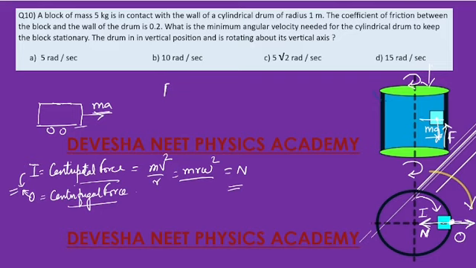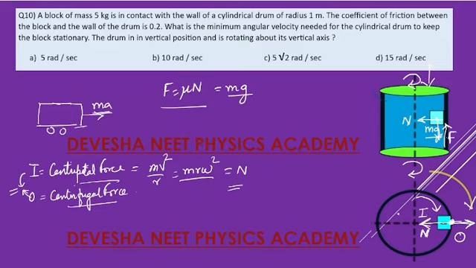We know that F is equal to mu N, and this has to be equal to mg, so that the block does not fall.